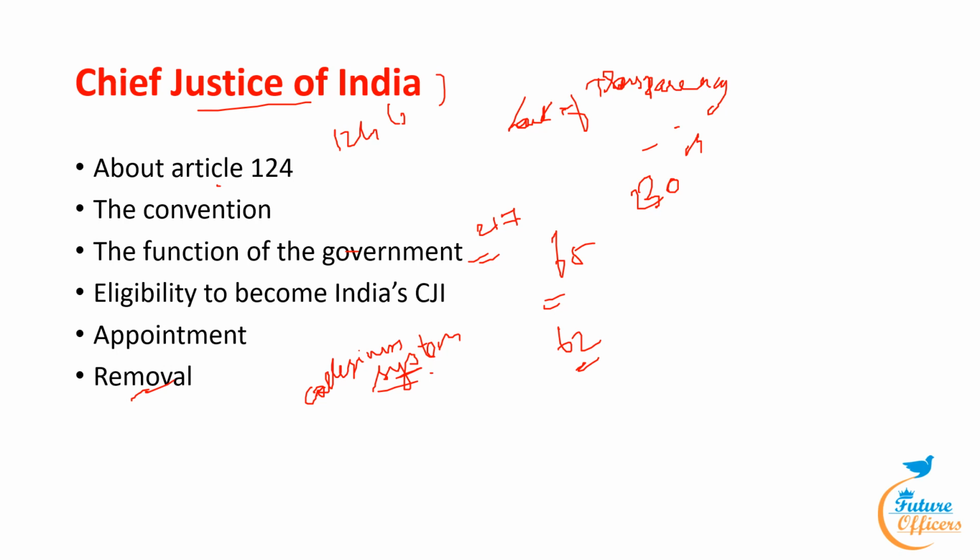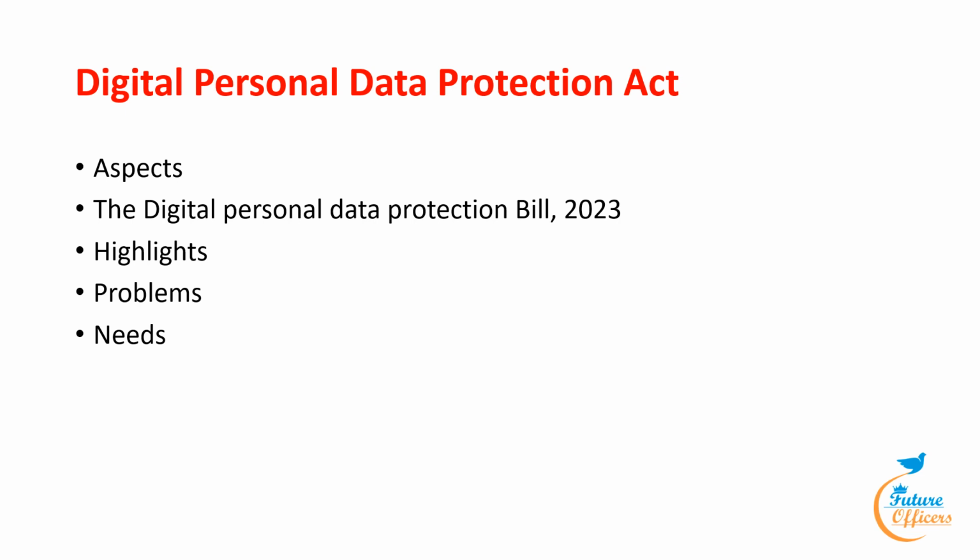The protection of people's personal information online is known as digital personal data protection. Now we are going to see that topic. Here the Digital Data Protection Act says that people are using the internet and technology more and more, which means that they are sharing a lot of personal information online, including private messages and financial information. In the current digital era, safeguarding data against misuse, breaches and unauthorized access has become crucial.